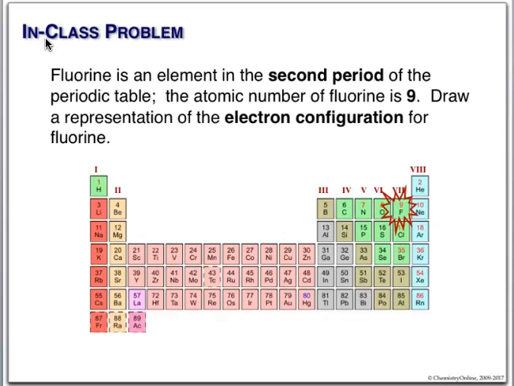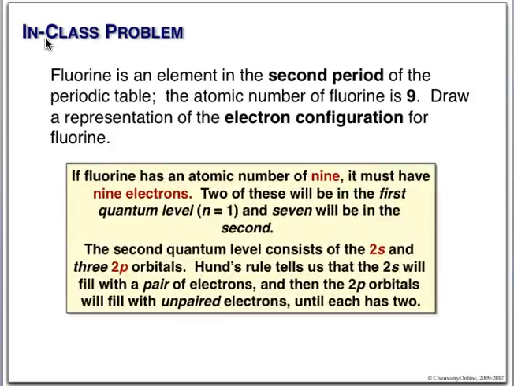And in the p orbitals, we'll have 1, 2, 3, 4, 5 total electrons. All right, here's what I said. Second quantum level, the 2s, a 2, and 3 2p's. We're going to have a 2s is full, and then 5 electrons in our 2p's.